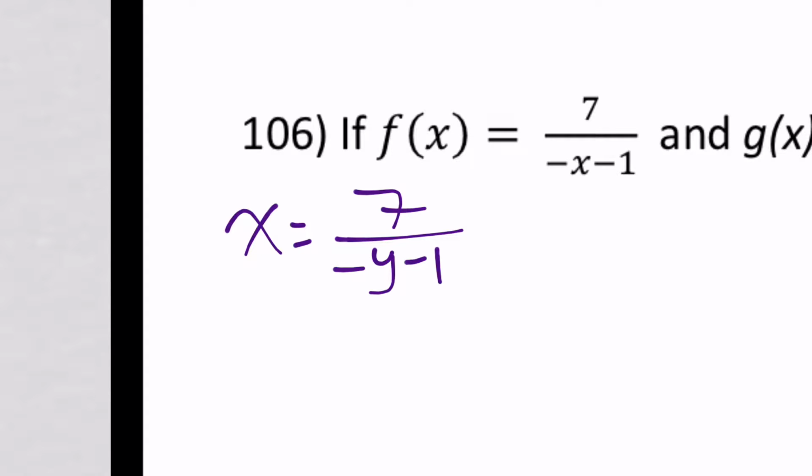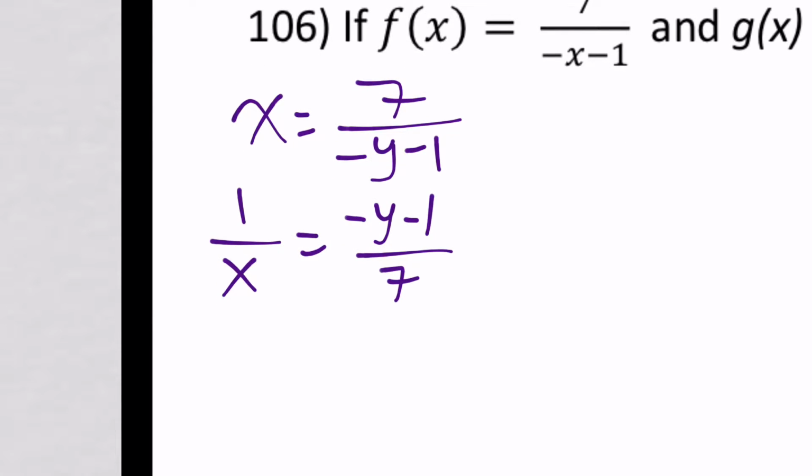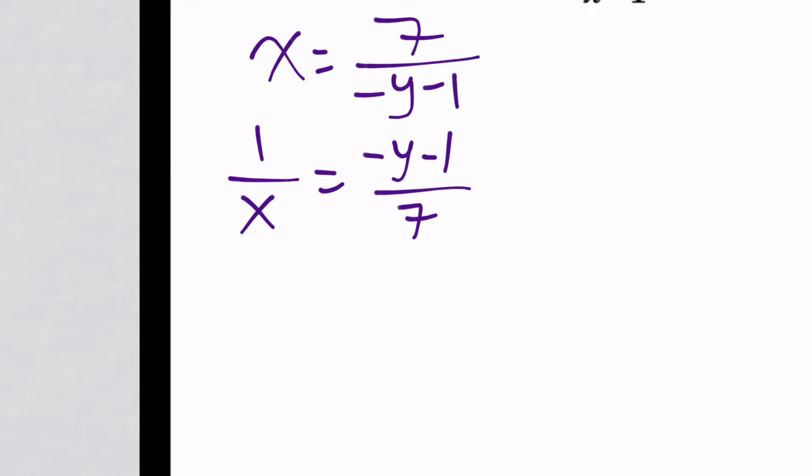Now we want to get y out of the denominator, so I could do 1 over x equals negative y minus 1 over 7. I took the reciprocal of both sides. Totally legal. And then I can multiply by 7 to get 7 over x equals negative y minus 1.